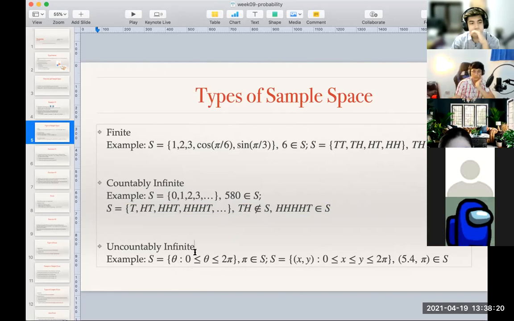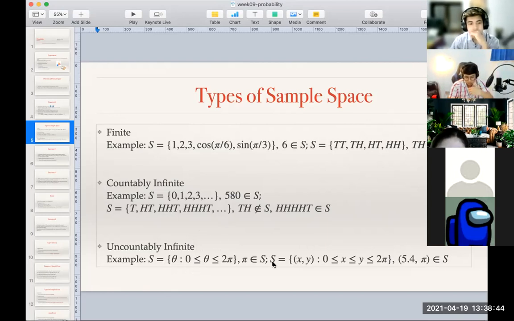Theta can be like 3.14 or the value of pi itself. It can be 3.145. So here you need to be careful. 3.14 and 3.145 will be seen as different elements in this type of sample space.